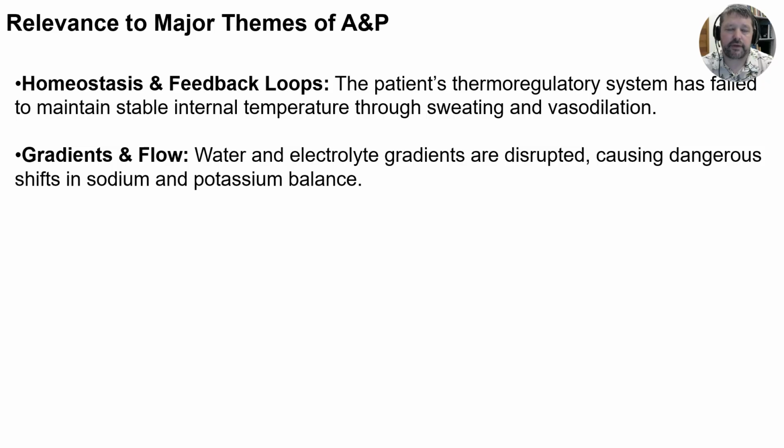If it's disrupted, that can cause some major issues, and we'll talk about what kind of issues come about. But really, how materials move across gradients is how nerve impulses work, and how muscle contraction and relaxation works. So disrupting those gradients can be problematic when it comes to things like that.